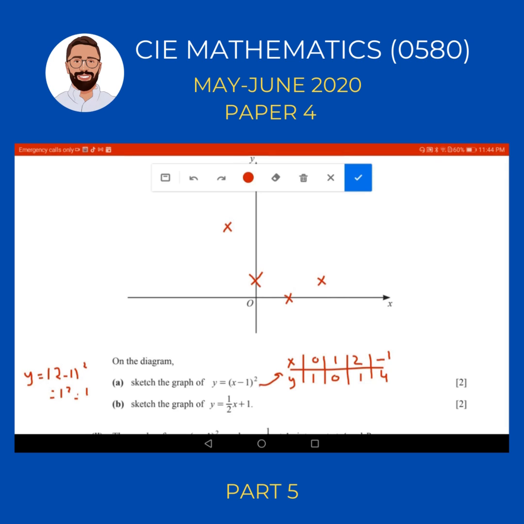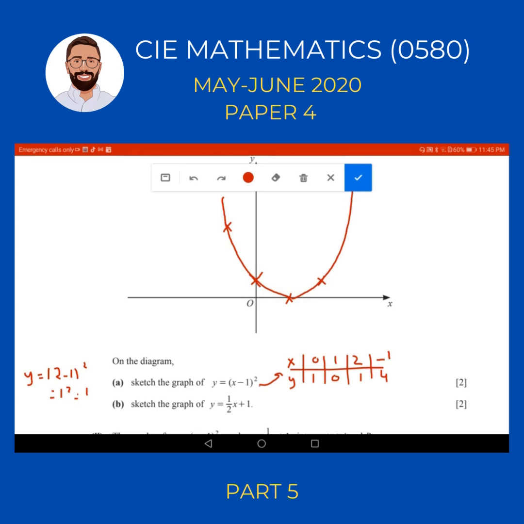Now we need to draw a sketch. So this is my sketch. So this is the sketch of the graph y equals x minus 1 squared.